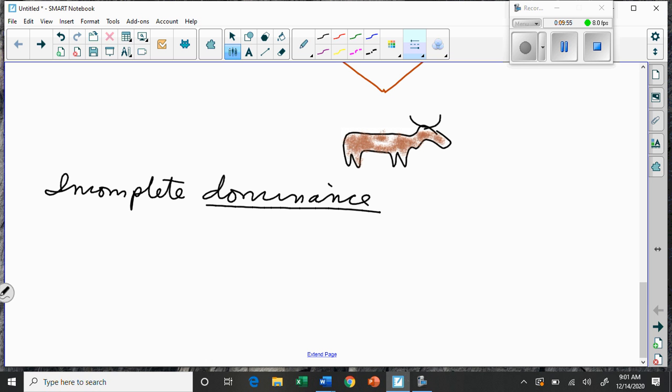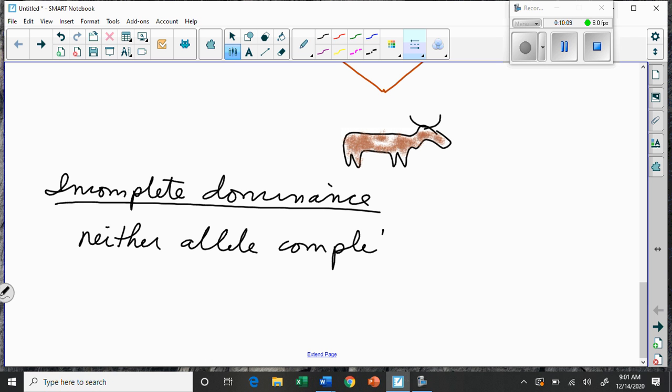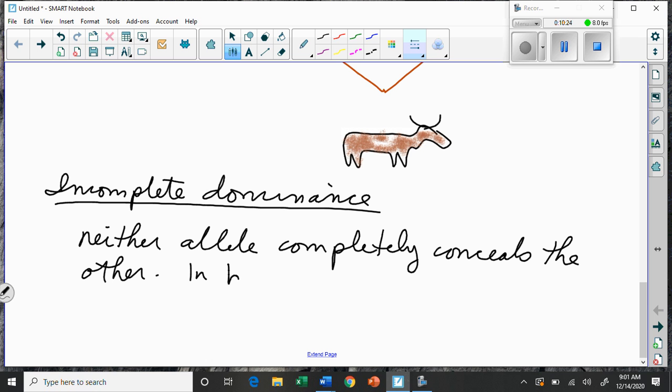The other situation, incomplete dominance, is a situation in which neither allele completely conceals the other. And so what you get is an in-between phenotype.